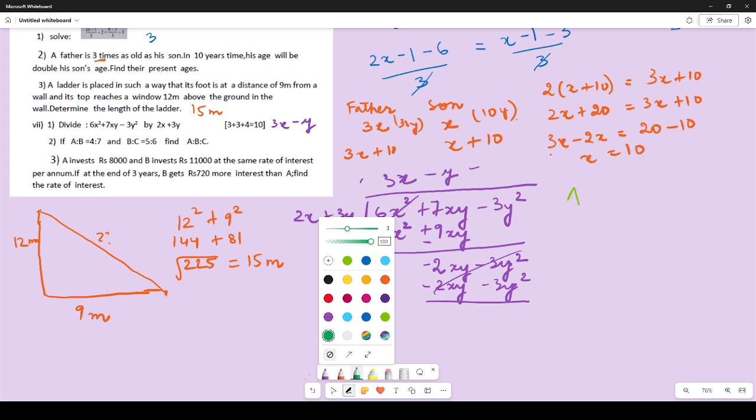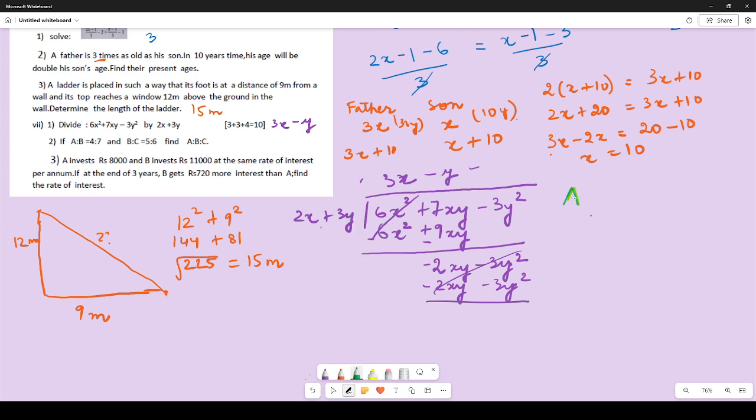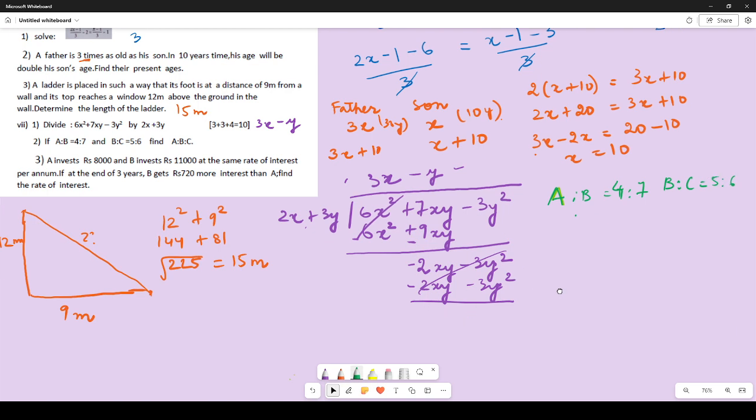So if A is to B is equal to 4 is to 7 and B is to C equals 5 is to 6, find A is to B is to C.